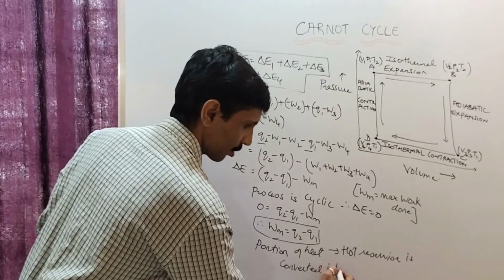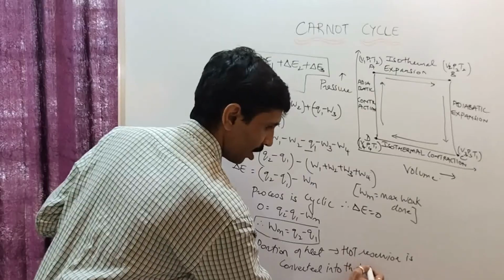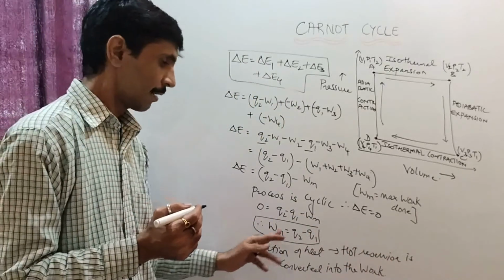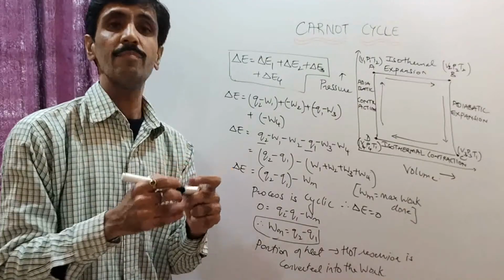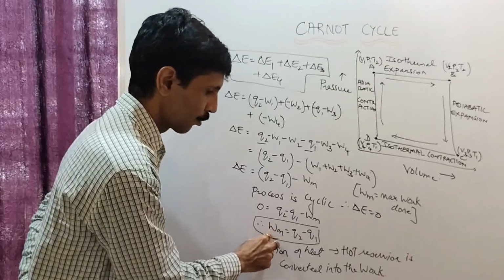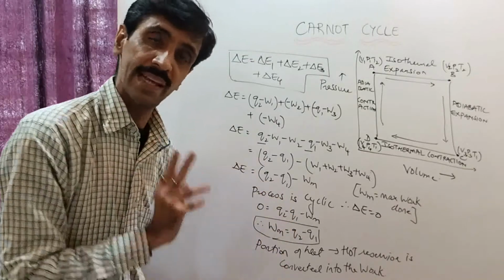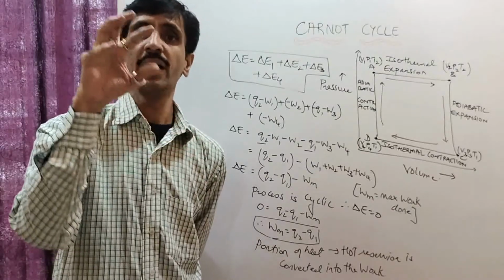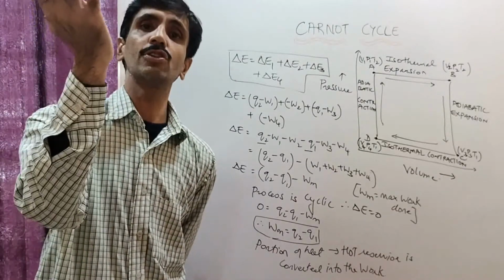This is the conclusion I can draw. It's not the entire amount of heat from the hot reservoir being converted into the maximum work. If the expression I had got was Wm equal to Q2, then I would have said that the entire amount of heat from the hot reservoir is completely converted into work.